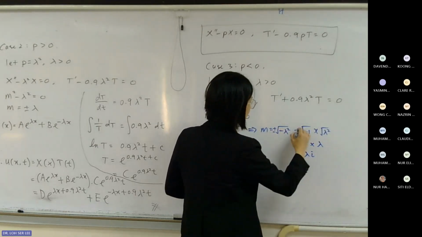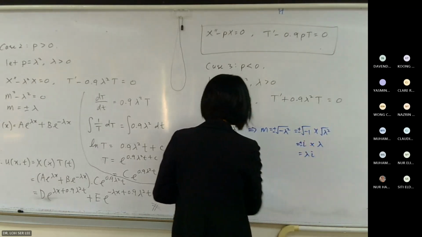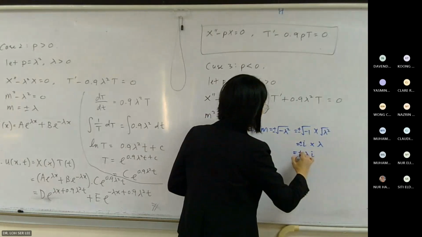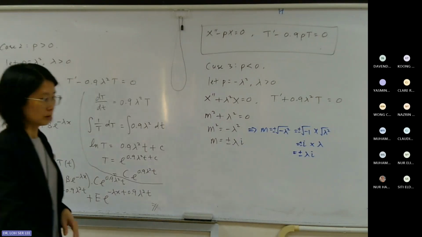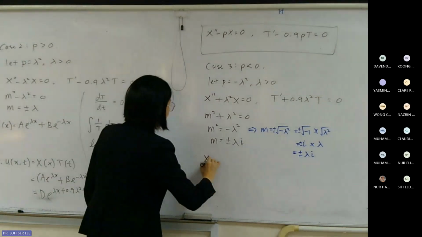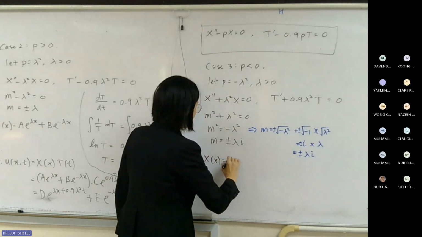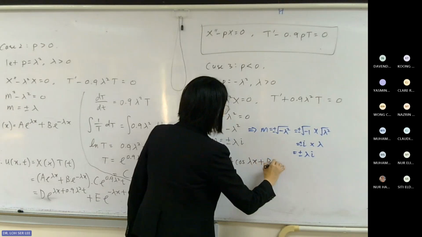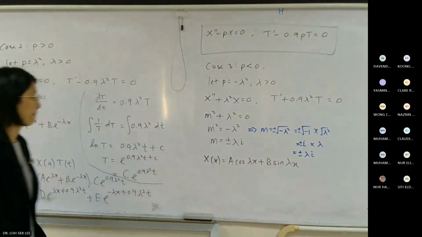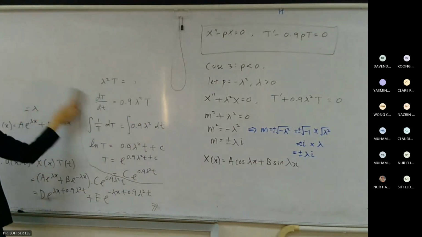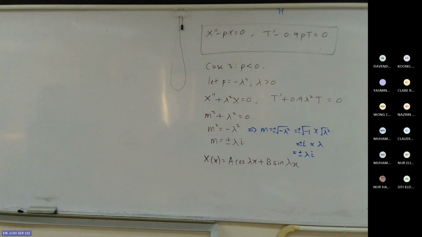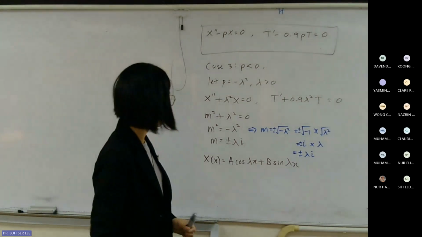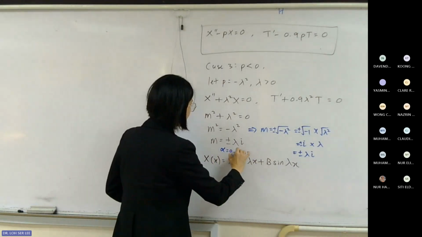So X is a cos lambda x plus b sin lambda x. Alpha is 0, beta is lambda.